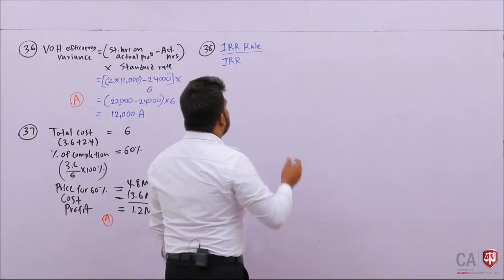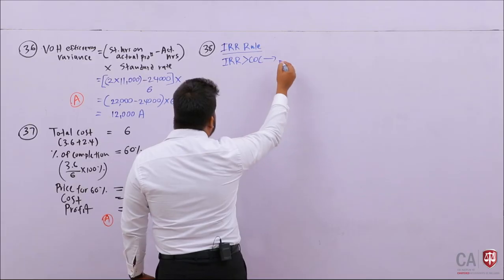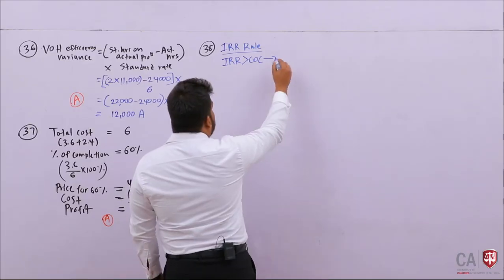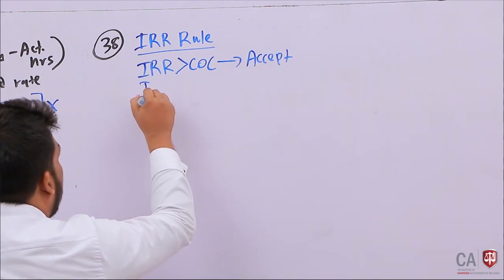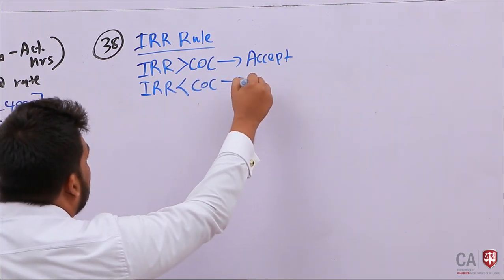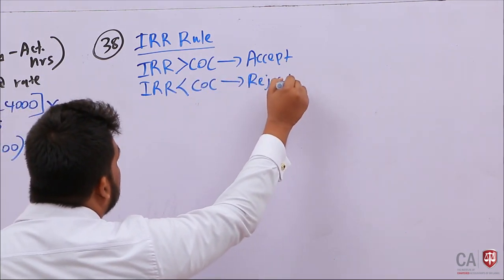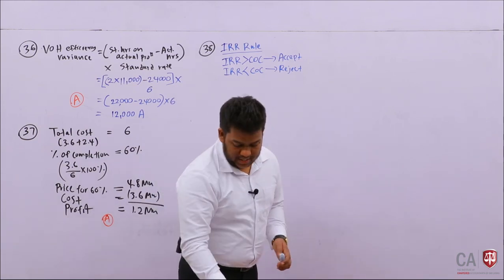If the IRR is higher than the cost of capital, what is our decision? You have to accept. If the IRR is lower than the cost of capital, you have to reject.